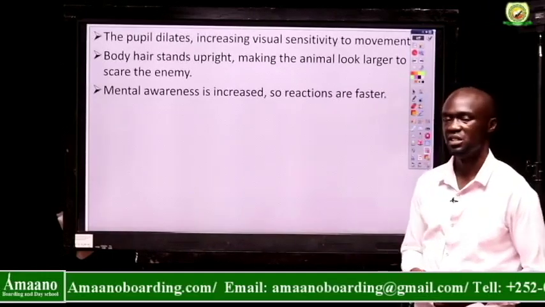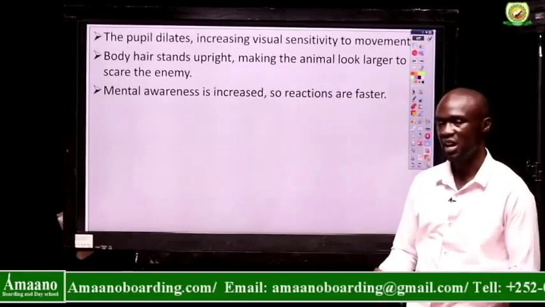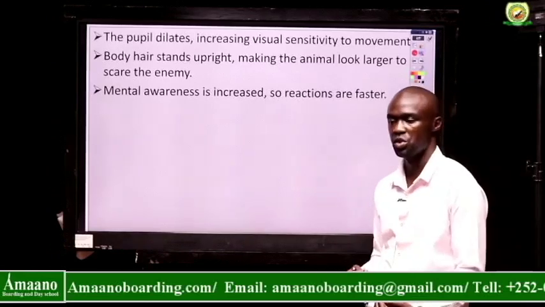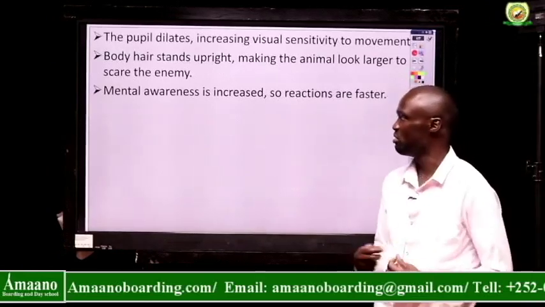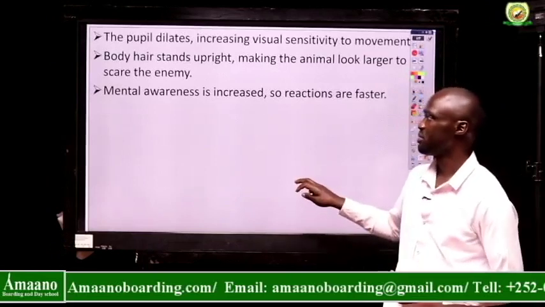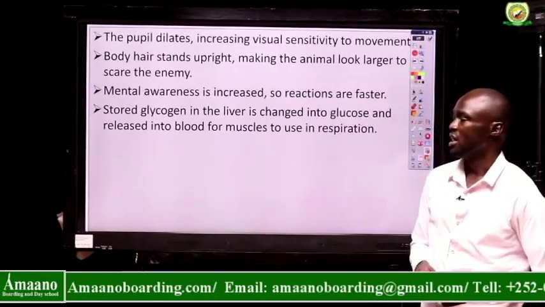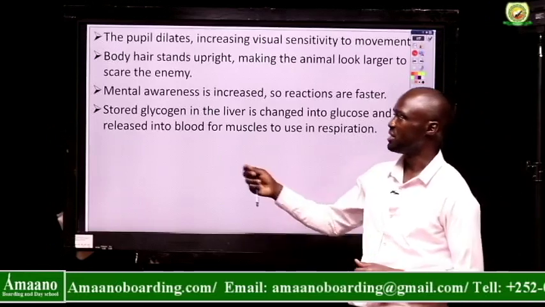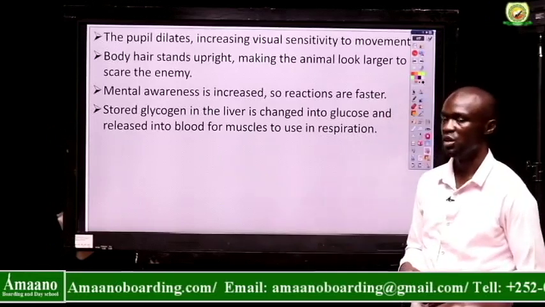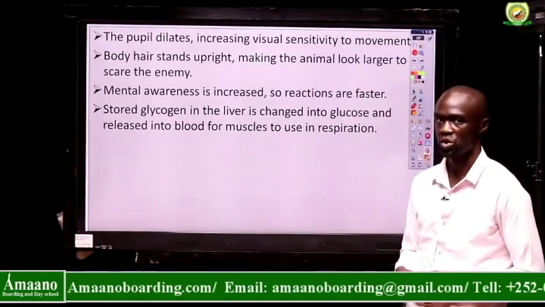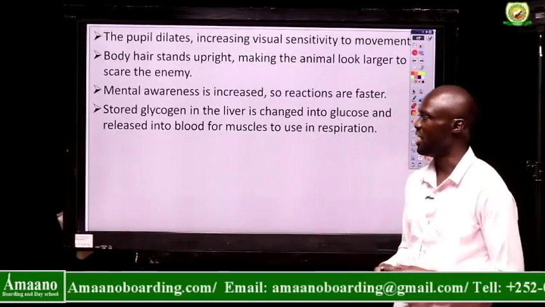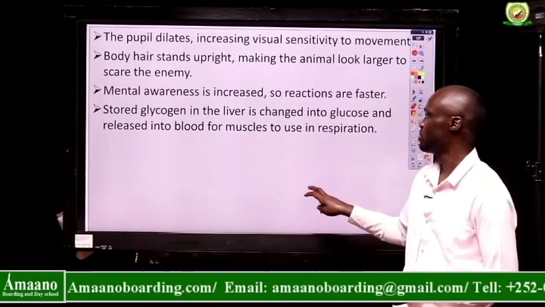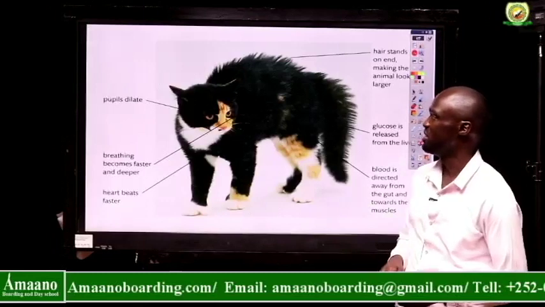Mental awareness increases so that the animal can make quick reactions in response to the actions of the enemy. Also, it makes the stored glycogen in the liver to be broken down to glucose to continue supplying energy to the muscles.